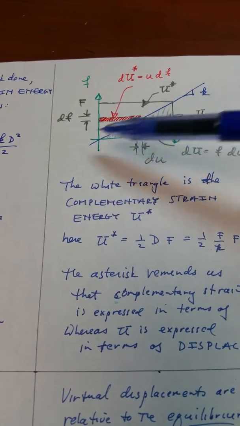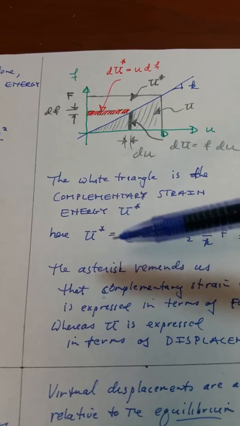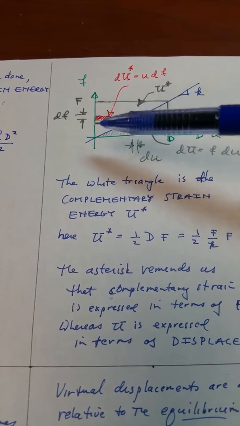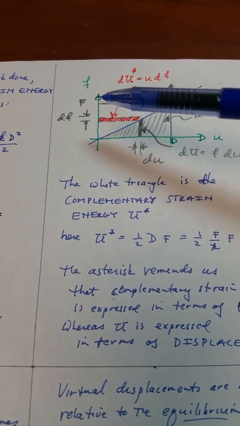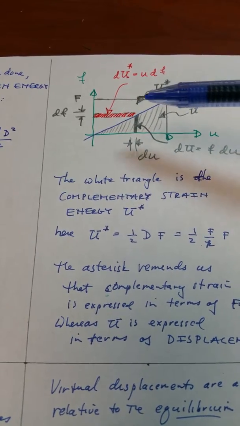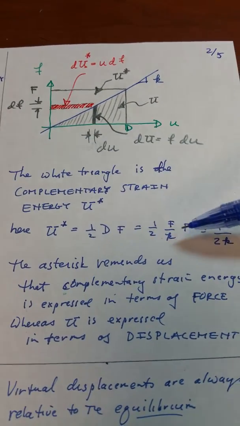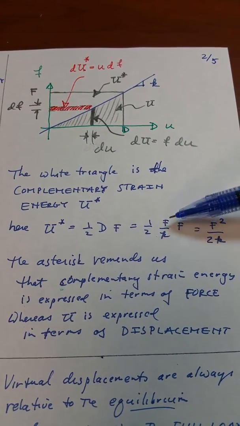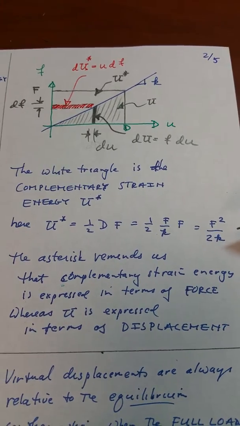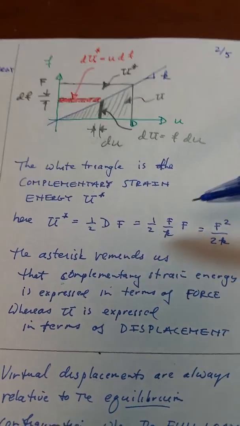The white triangle is the complementary strain energy, and that could be 1/2 the base times the height here, and D we just found was F over K, so I could swap in F over K, so 1/2 F over K, so I could express the complementary strain energy in terms of the force.